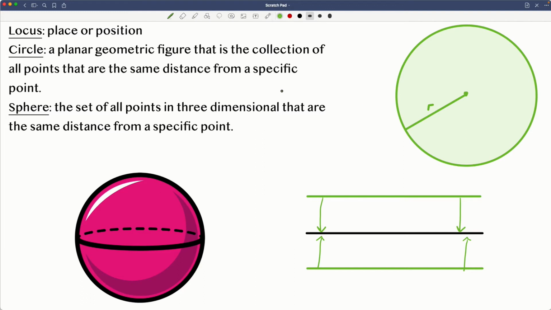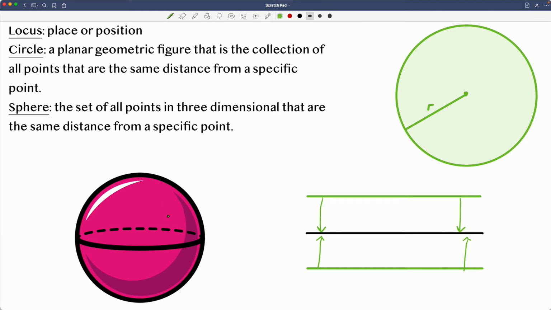This is your radius. And the specific point is the center of the circle. So all of these points around the center that are the same distance from the center, the length of the radius, that's what makes your circle. The edge, the line that creates the circle, that is the locus of all points that fit the radius to the center point in the circle.